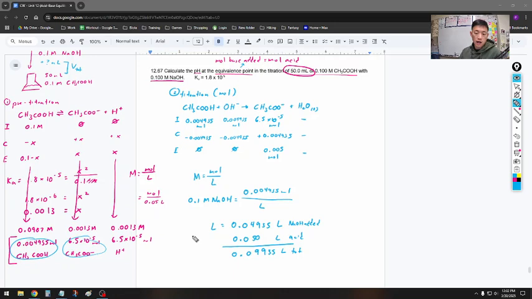And so for the molarity of our conjugate base, we're going to take our 0.005 moles divided by the new volume, and that is going to give us the concentration of our conjugate base.